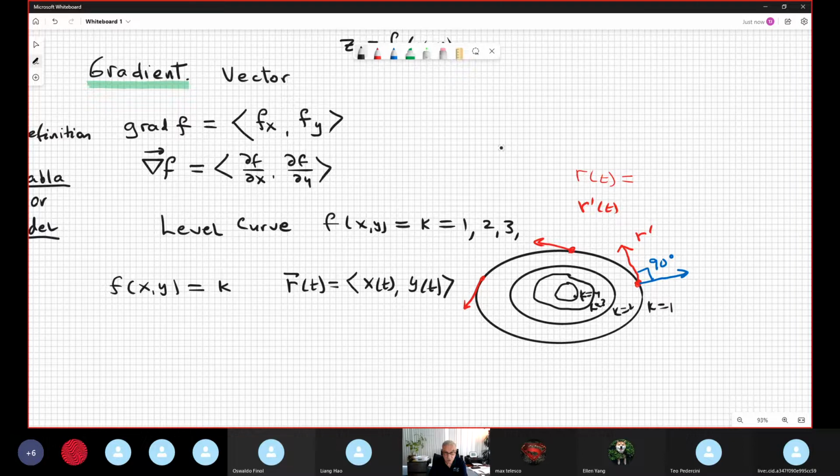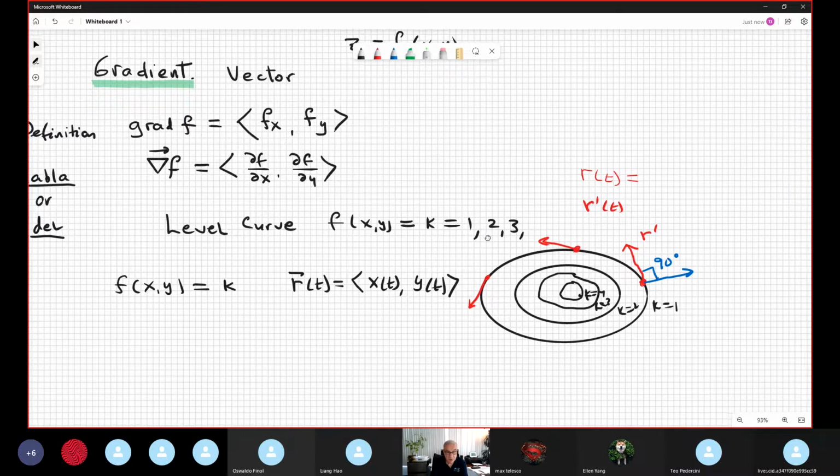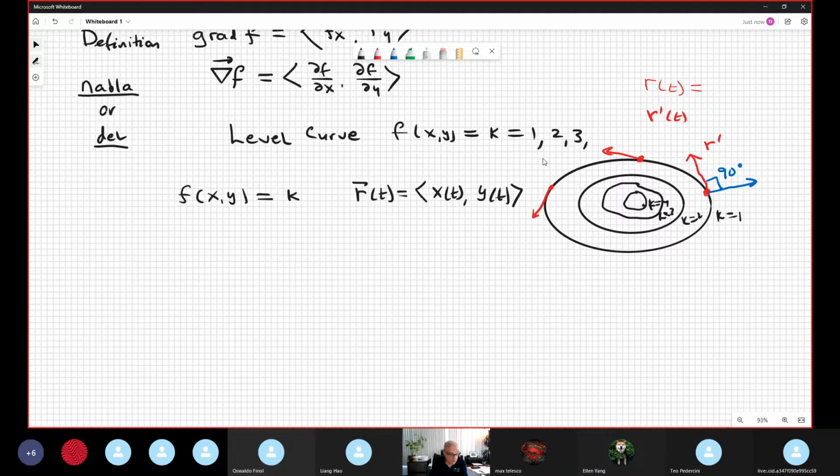I use two dimensions because it's a level curve; the graph is in two dimensions. Now I want to express f of x, y as a vector valued function. So you express it like that: f of r of t equals a constant. That's the same; instead of x, y, I condense it as a vector valued function.